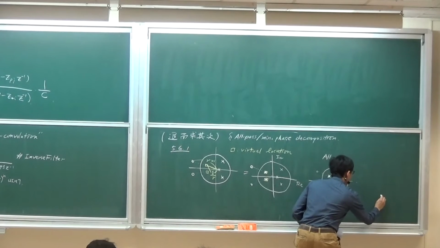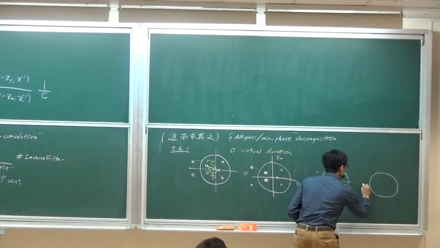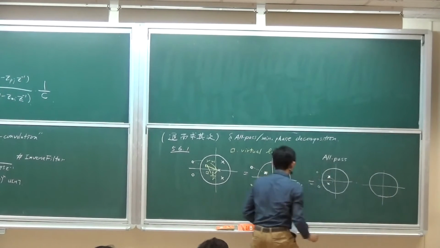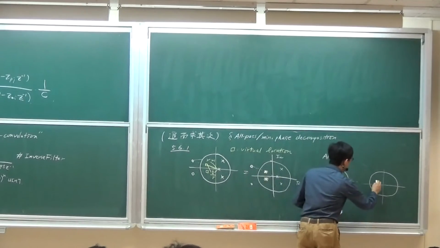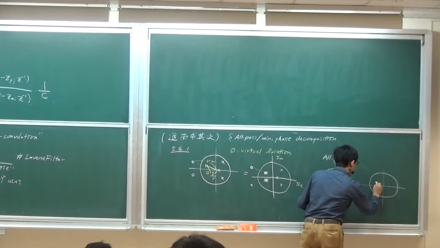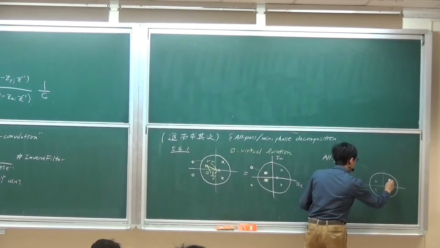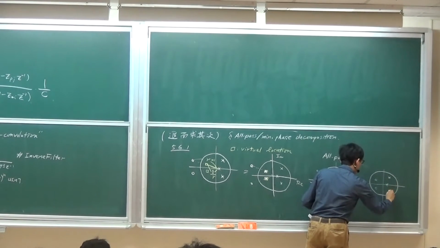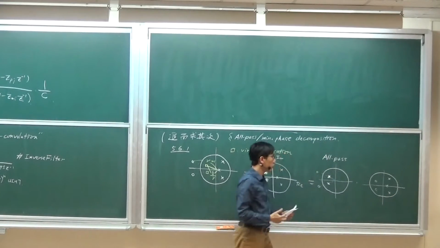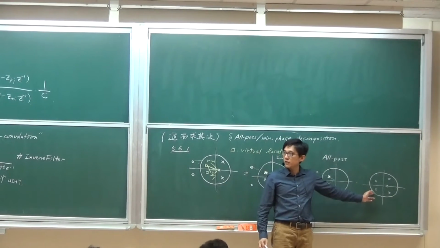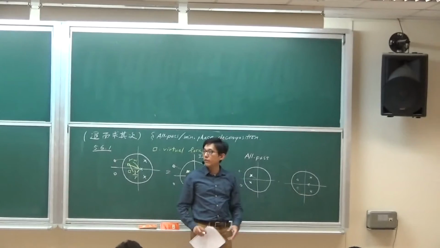And everything else will be assigned to the second group of poles and zeros. Everything else includes the virtual zeros that will be created, together with whatever is originally inside the unit circle. So here everything becomes inside the unit circle, and we're happy about that too.